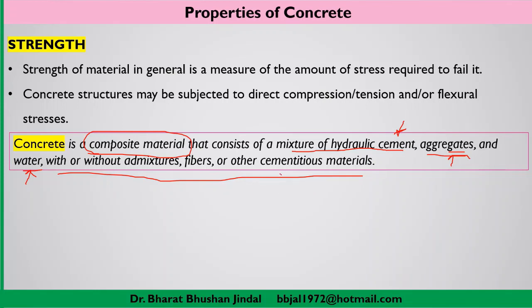And as cementitious material you may add some fly ash, some slag, silica fume, micro silica, and various other types of materials, and they will be termed just as admixtures. You can even replace some part of the cement with some other material which will give similar or better binding properties. So here we are able to understand what is concrete?